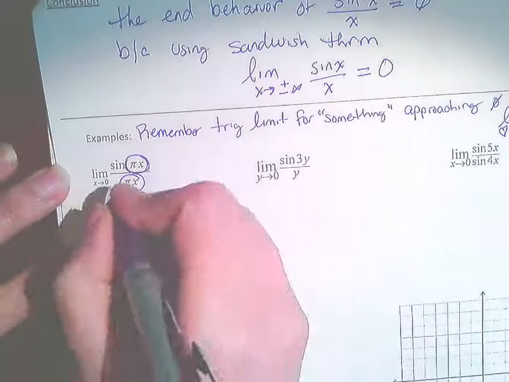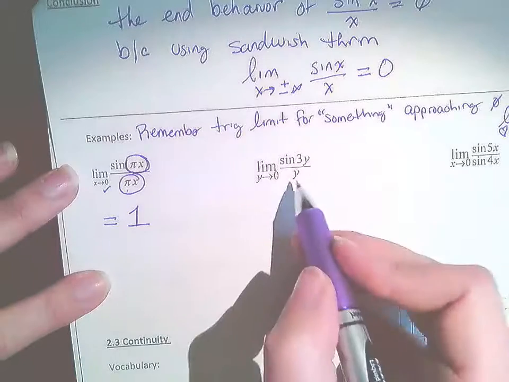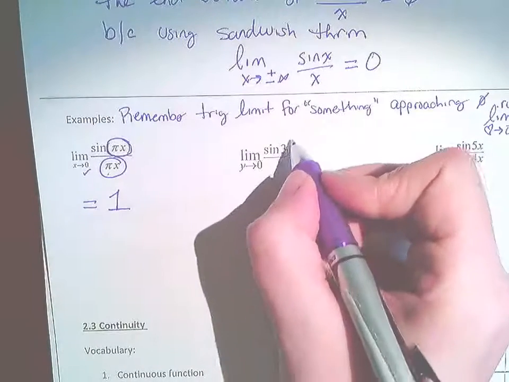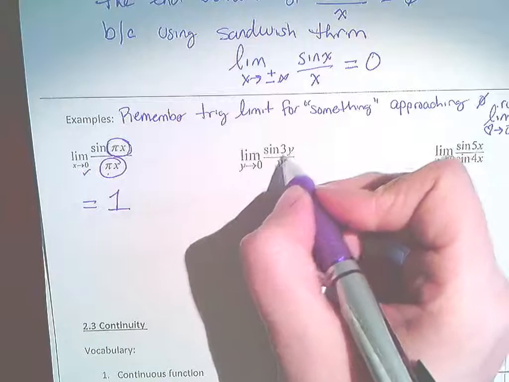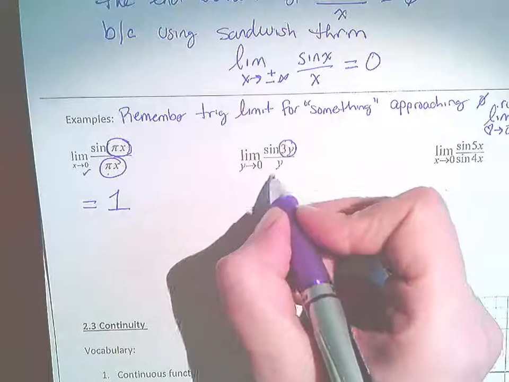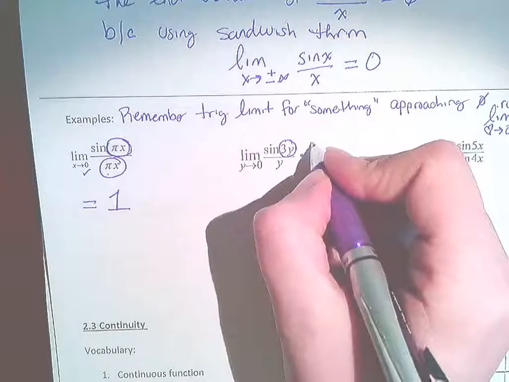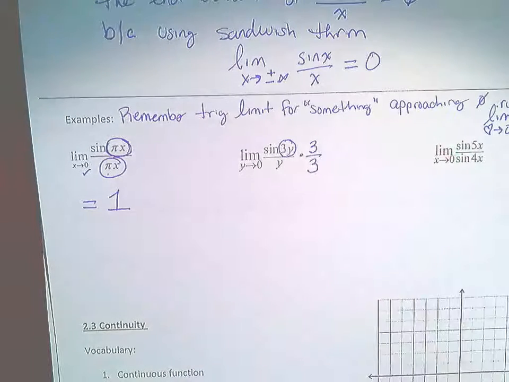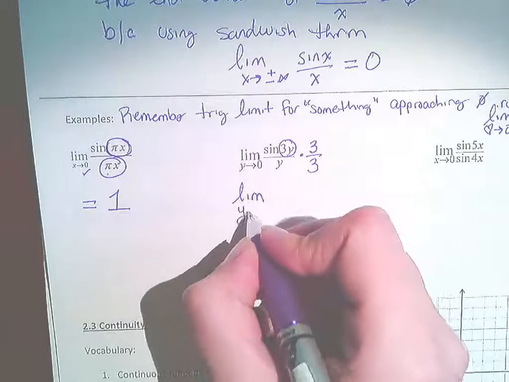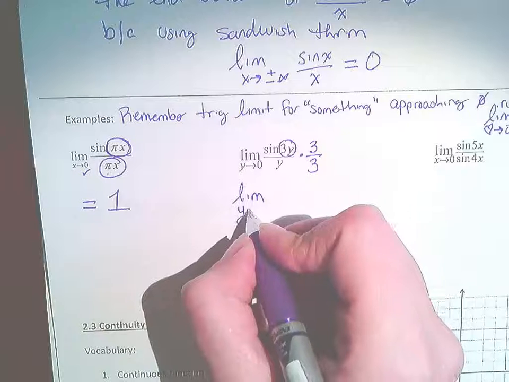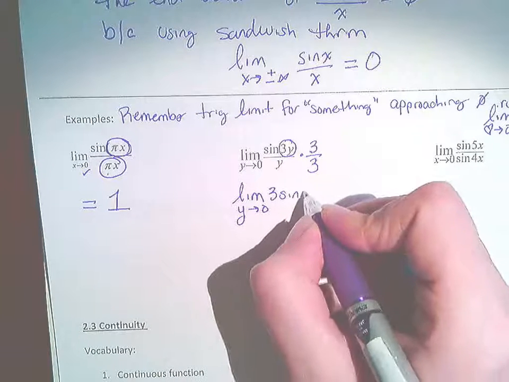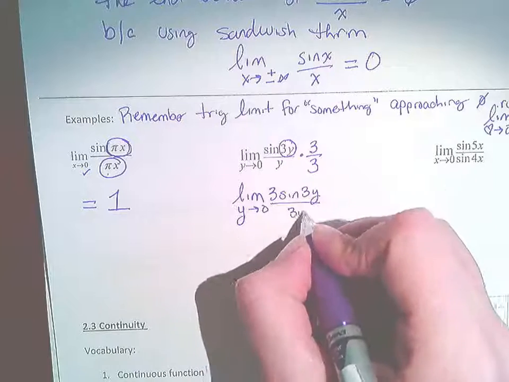And I'm approaching 0. Now here, we know from class, I can't change this 3y, so I need a 3y down here so that I can make this something the same as this. So I'm going to multiply the top and the bottom by 3. And what I'm left with is the limit as y approaches 0 of 3 times sine of 3y over 3y.